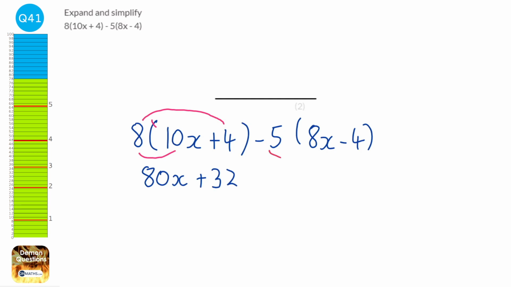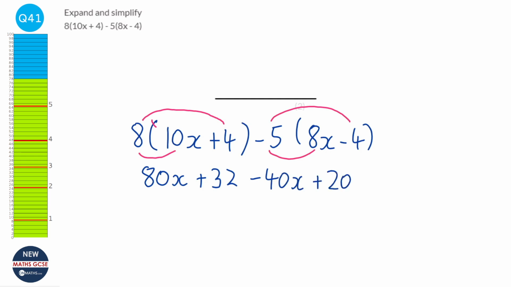Now here we've got a -5 on the outside, so we do -5 times 8x, which is -40x, and -5 times -4, which is actually +20. And a lot of students will write take away 20 there, but that is a -5 on the outside of the brackets there. So it's -5 times the -4 there will give you a +20.